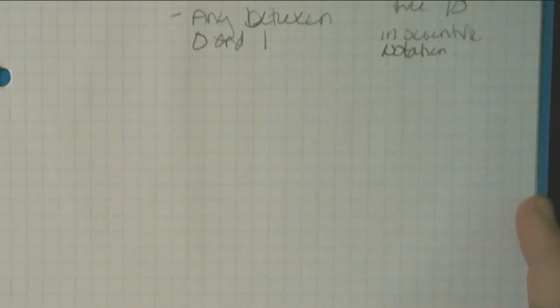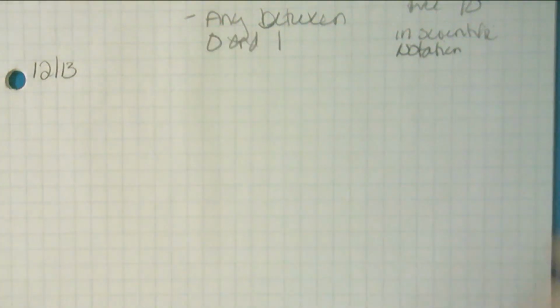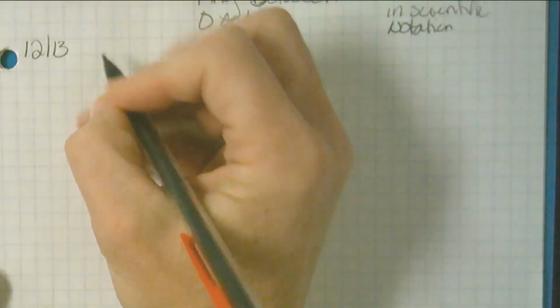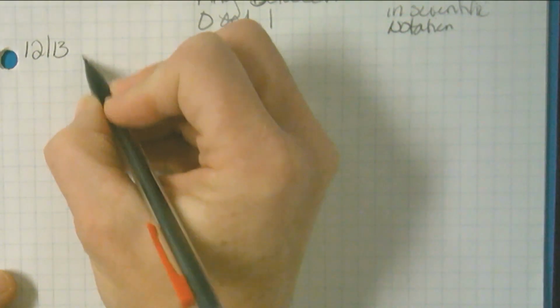All right, so what I want to do right now, I'm just going to date today's notes only just so I know that I took them today. So today is the 13th. I'm just going to date it right there. We are going to change between standard form and scientific notation.